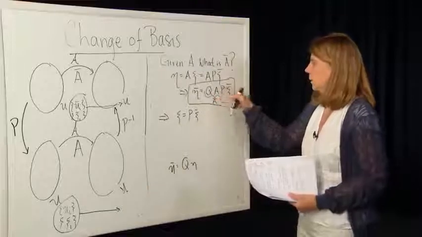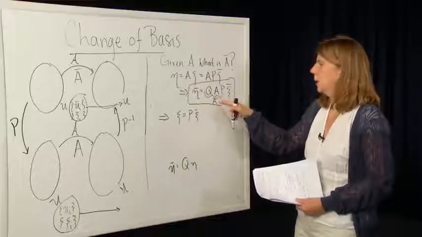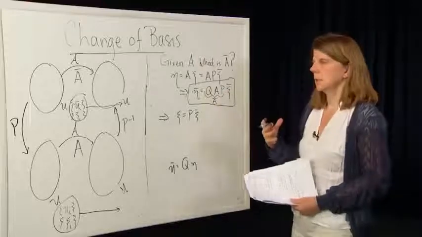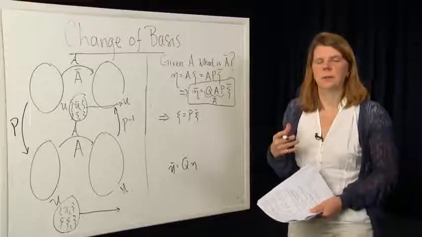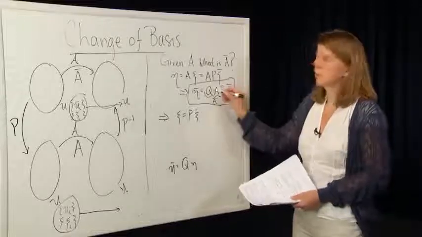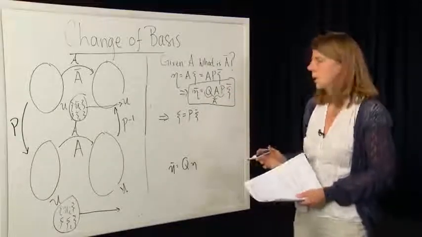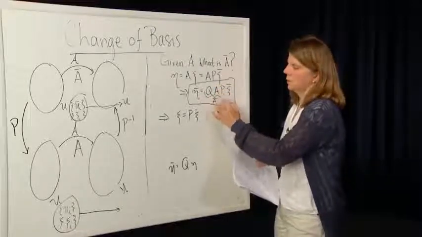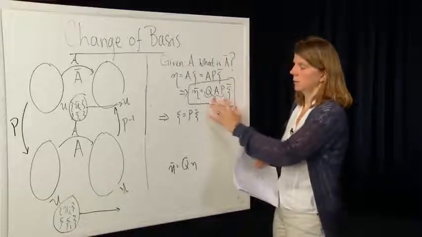And the matrix representation A bar is simply P inverse AP, which is fairly standard when we think about a similarity transform. In fact, this is a very general representation of a similarity transform between matrices, that these matrices have a lot of very similar properties, as we're going to see soon.